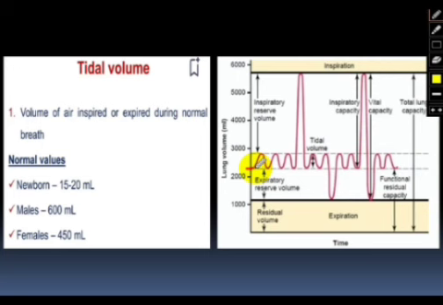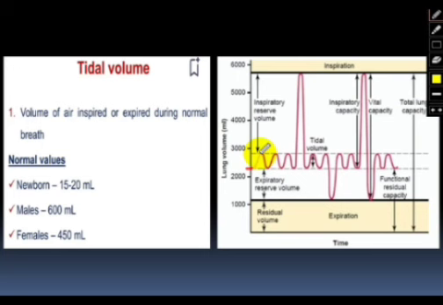Normal breathing: as you take in air and bring out air. First, when you take in air, the graph moves upwards from this point to that maximum point.